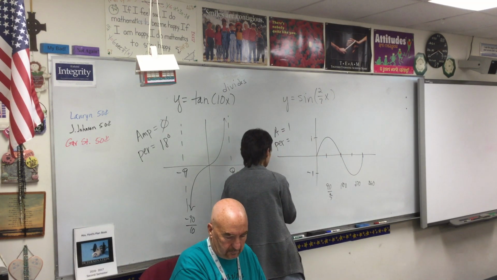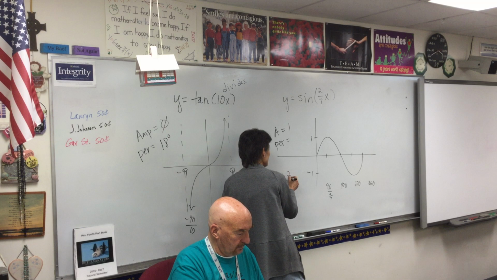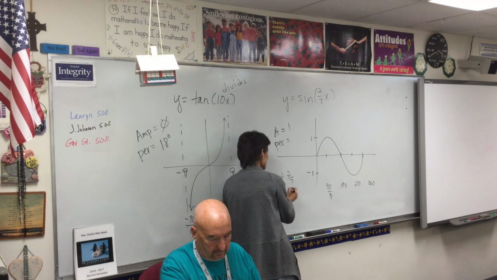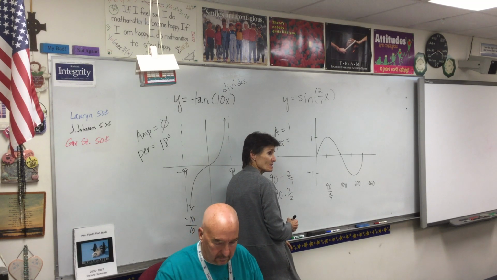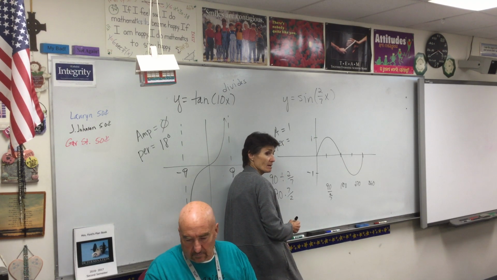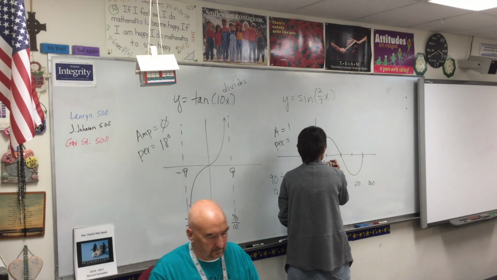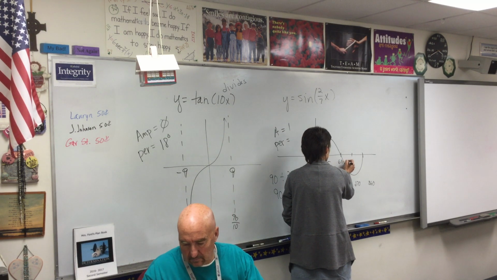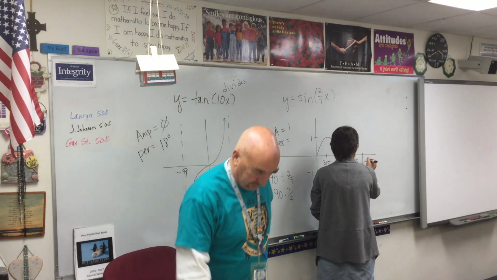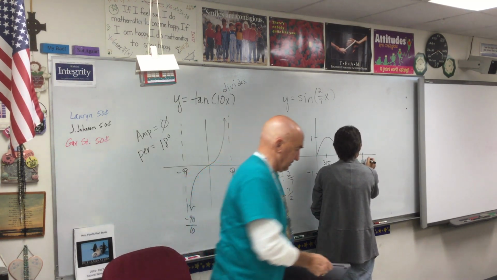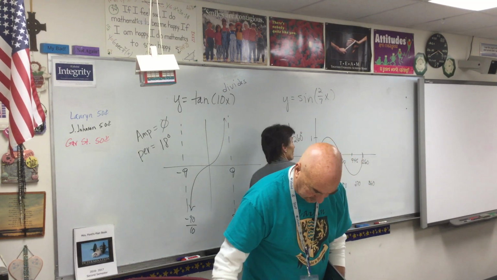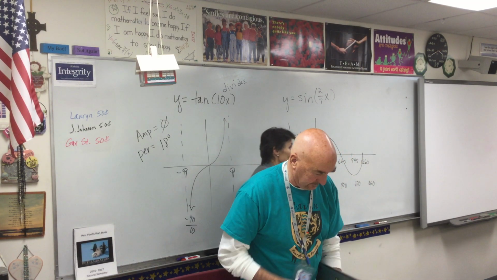So 90 divided by 2/7 is 90 times 7/2. Is that right? So I got 315, 630, 945, and 1260. Wow. So the period is 1260 degrees.